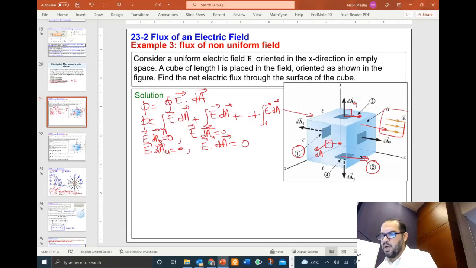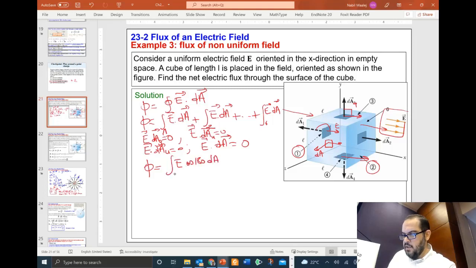So we are left only with area number 1. For area number 1, notice the electric field makes an angle of 180 degrees. So the flux for area 1 is E times cosine 180 dA. For area number 2, which is the front surface, the electric field is now parallel to dA2.